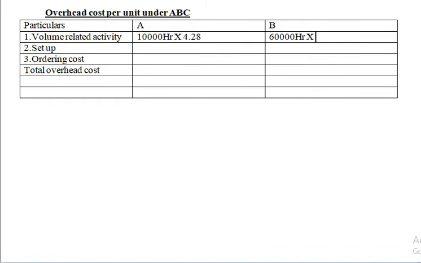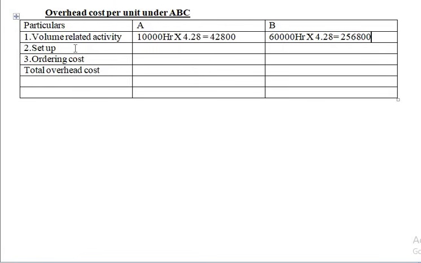So multiplied by 4 rupee 28 paisa, you will get 42,800 for product A, and here 2,56,800 for product B. Now the first activity is over.